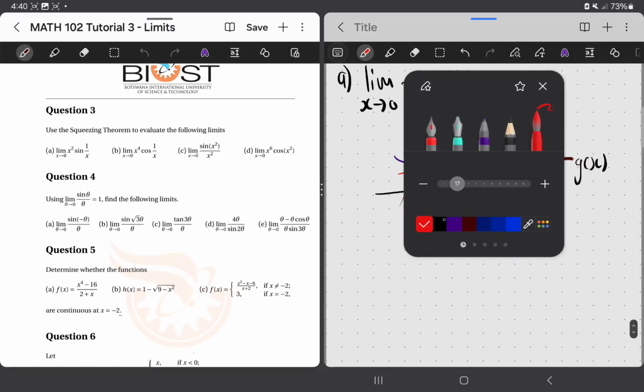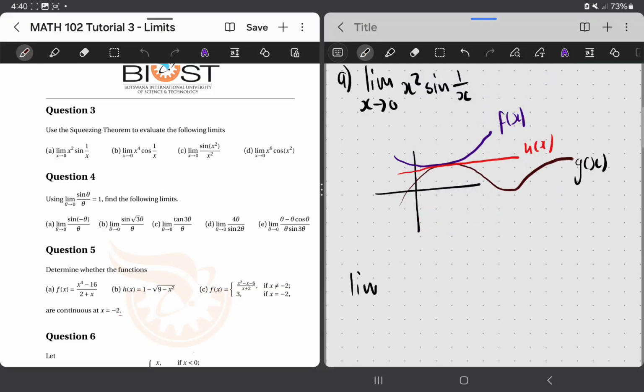Now, if we ever get the limit as x approaches maybe this point here, say point A, remember that the limit is just a y value.